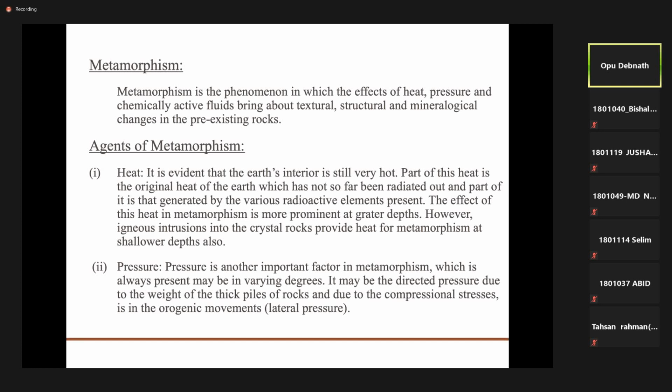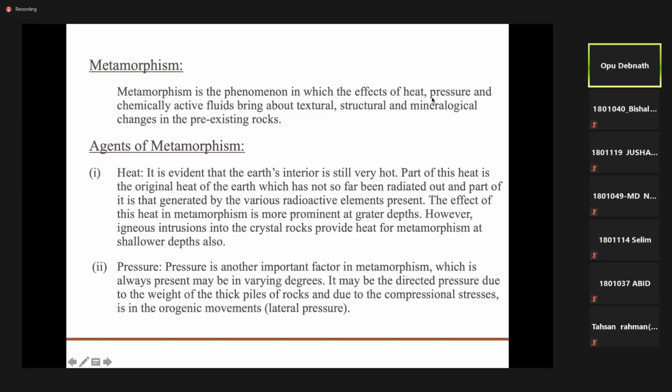That means the rock is already formed, either sedimentary or igneous. So this is actually a transformation, or something like an improvement of its properties. It is not always an improvement; sometimes the reverse process may also occur. So this is the metamorphism process.